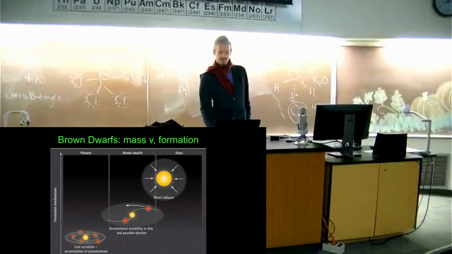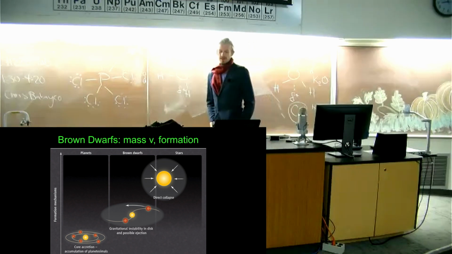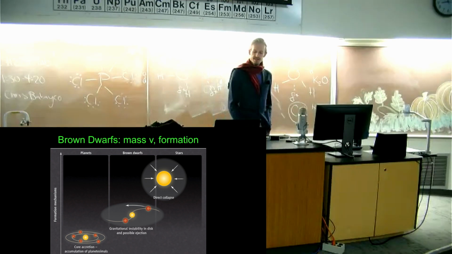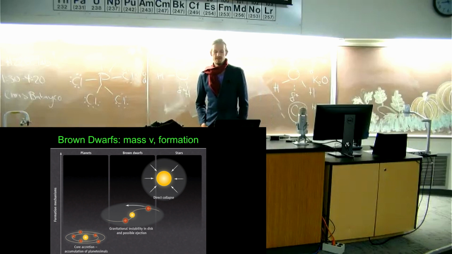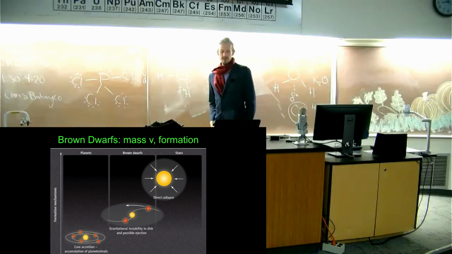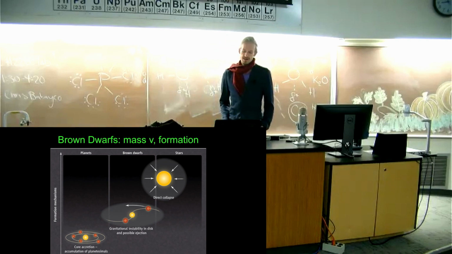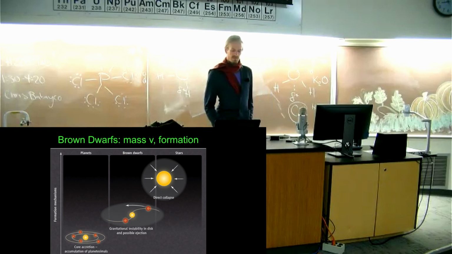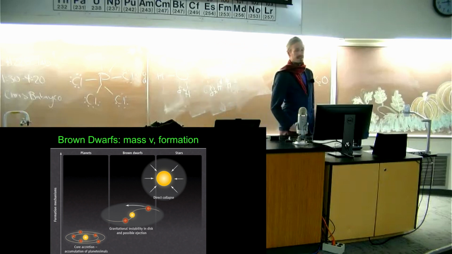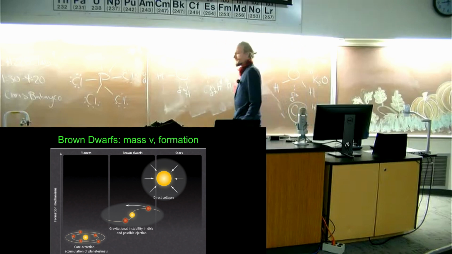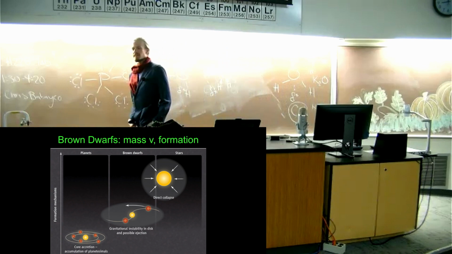What else can we say about these guys? Yeah, it's just that people have been really fighting back against this 13 mass idea. The limits changed a lot, even in the last 10 years. They've bumped it down from 80 to 60 as the upper limit, because they're starting to see stars that form above the 60 limit.